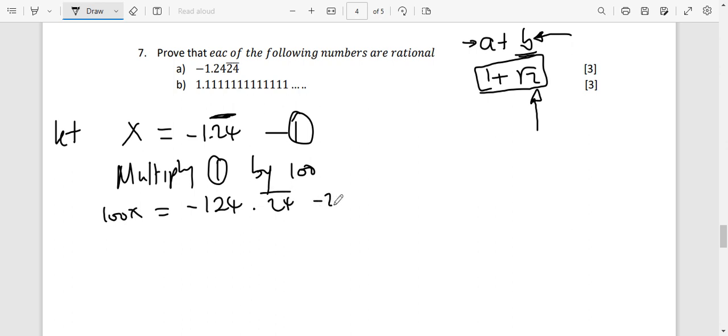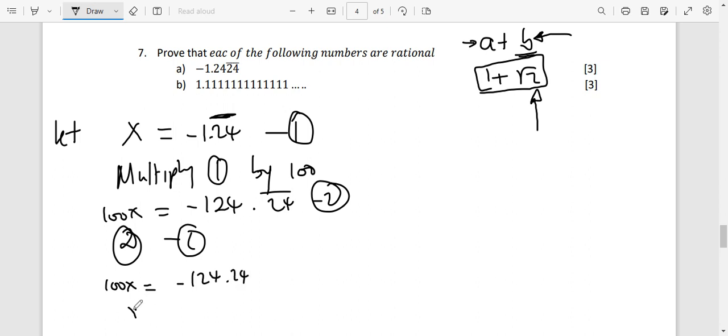And then simply subtract these two: equation 2 minus equation 1. It is going to be 100x is equal to negative 124.24, and then x is equal to negative 1.24. So 100x minus x is 99x. Now, this is a minus, remember, so be very careful, dear friends. 100x minus x is 99x.